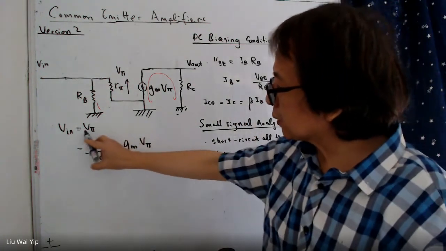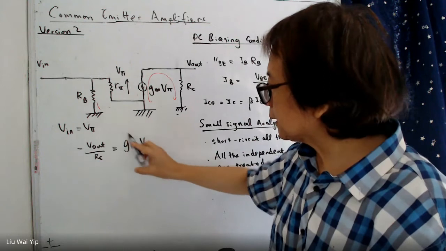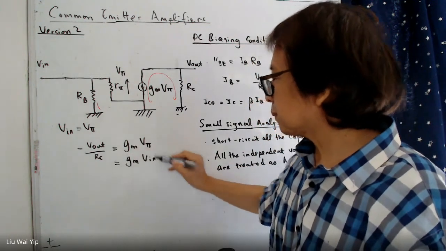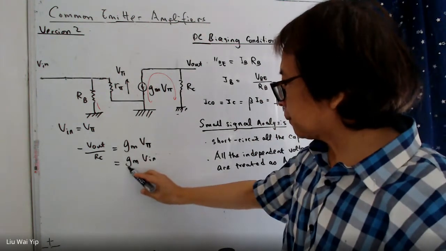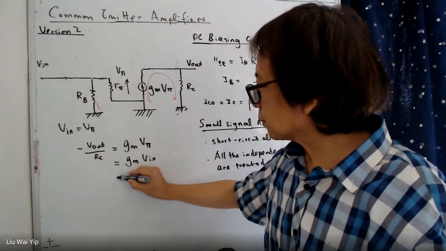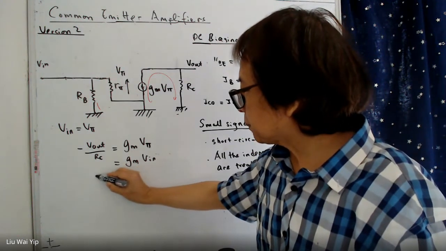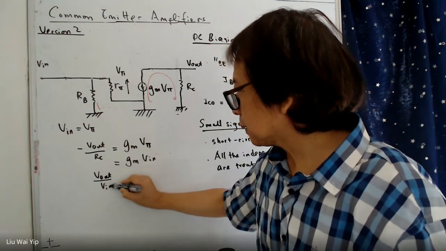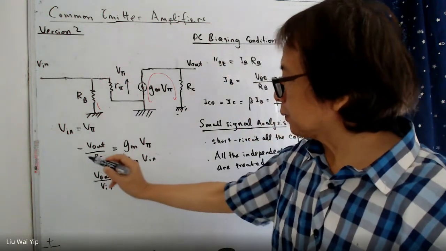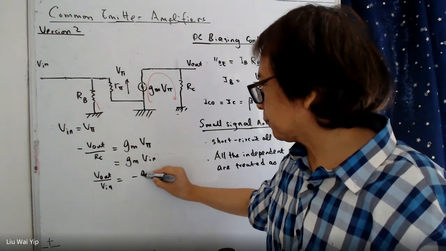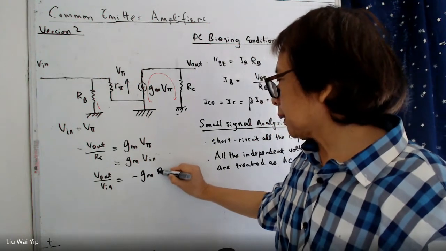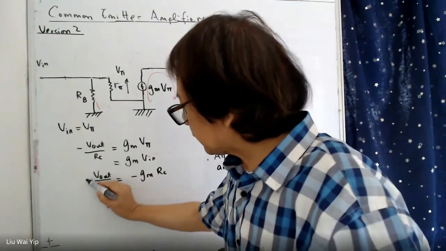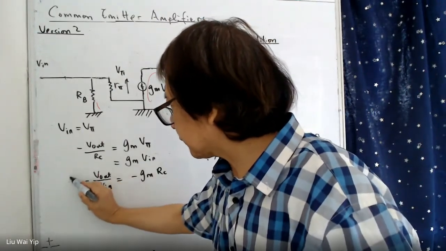And V pi, according to this equation here, is equal to V in. And we are rearranging the equation. V in move to the other place, and we end up with RC. And V out over V in is normally called voltage gain.